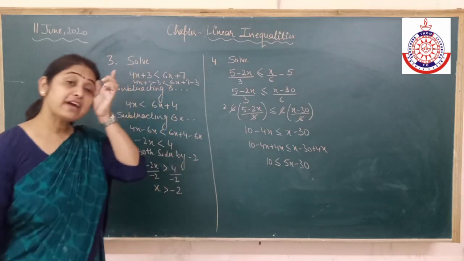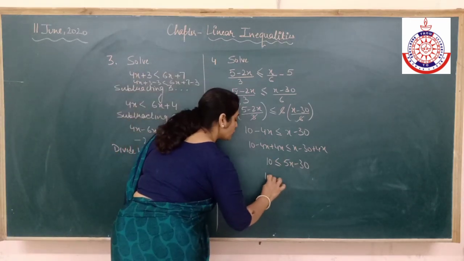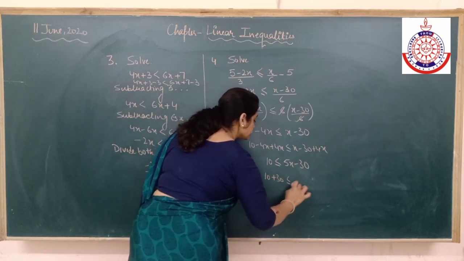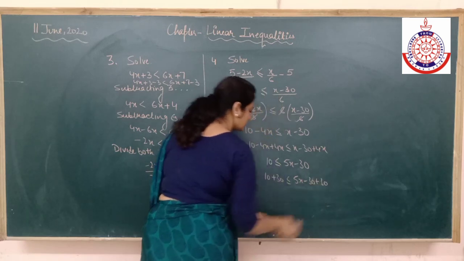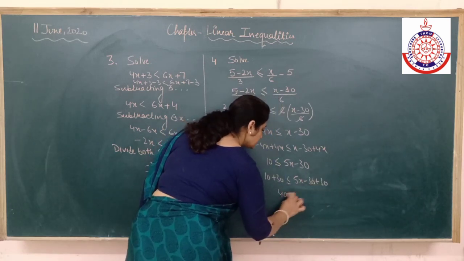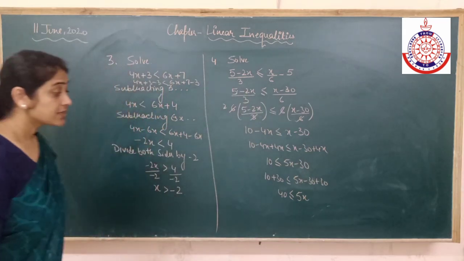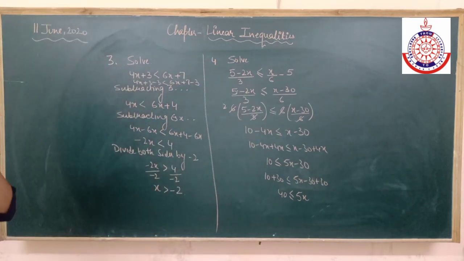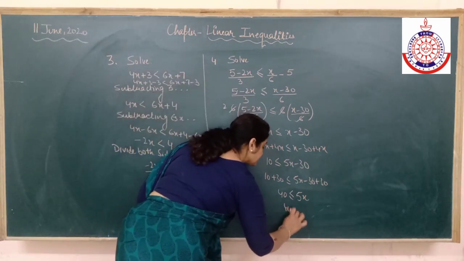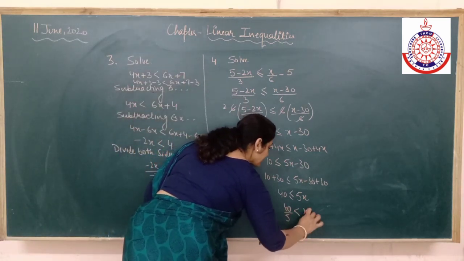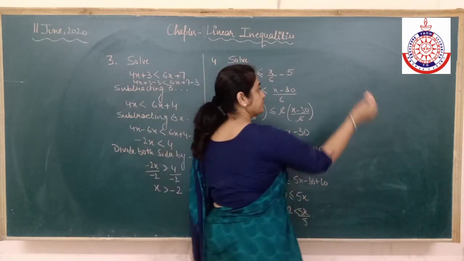Now I want this 5x on one side and constants on other side. So add 30 on both the sides. Alright, divide both the sides by 5.